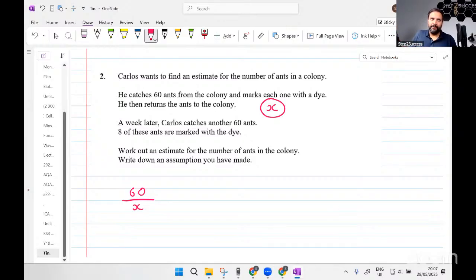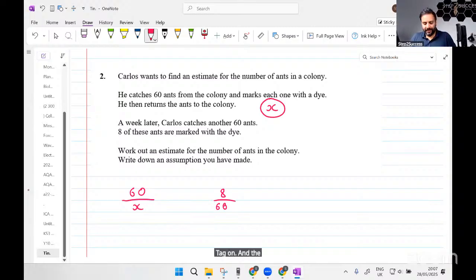Then later we caught another 60 and 8 of them were marked. So the fraction that has been marked now is 8 out of 60. Out of those 60 that we caught, 8 of them have this tag on.